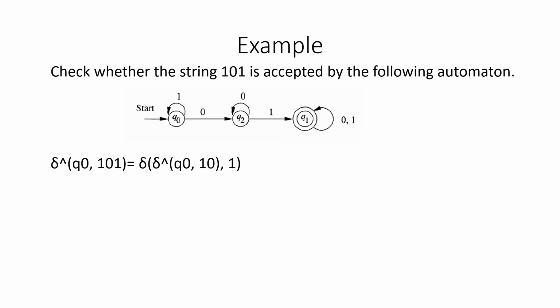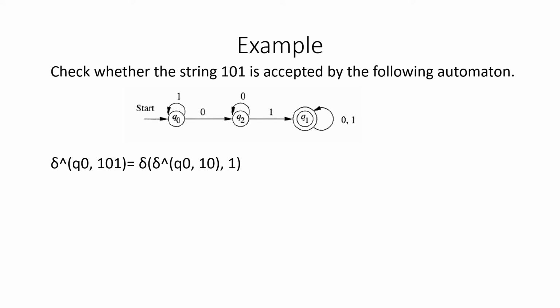We'll take the same automaton which we have taken for the initial definition. We'll check whether the string 101 is accepted by the following automaton. So before we go into the example, we must learn when do we say that a string is accepted by the automaton. We usually say that a string is accepted by the automaton when the following condition gets satisfied.